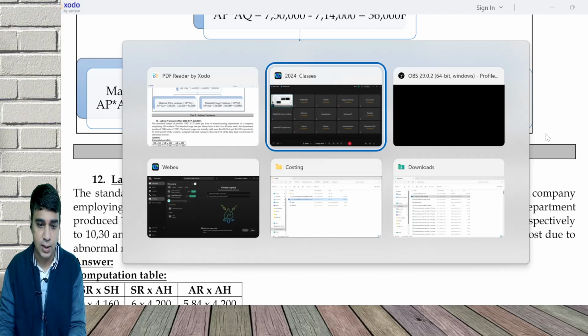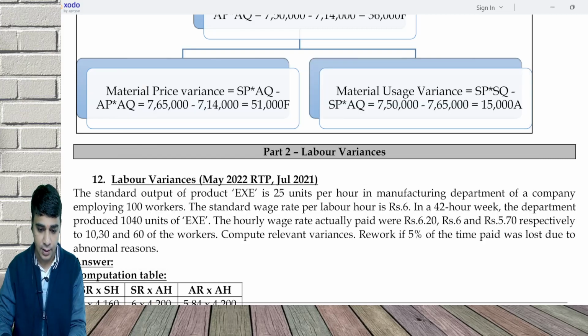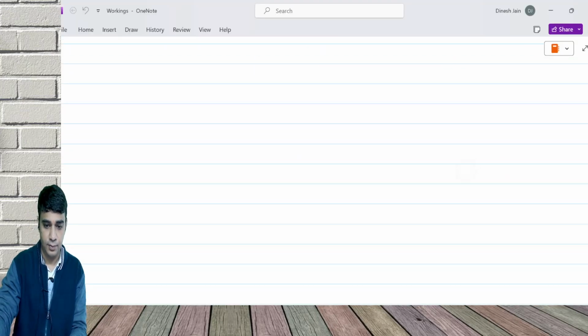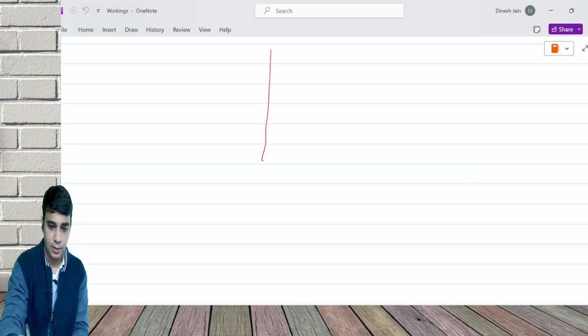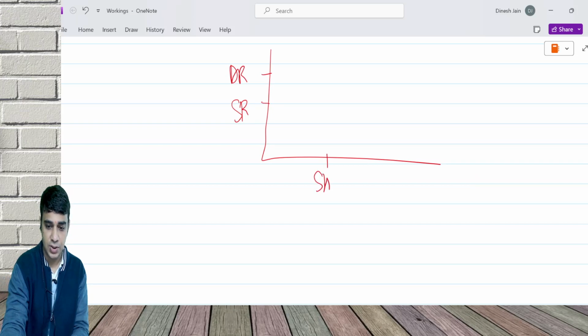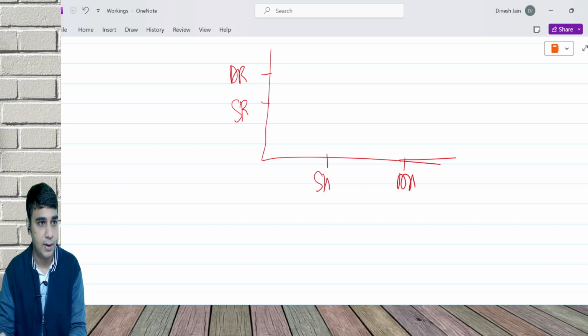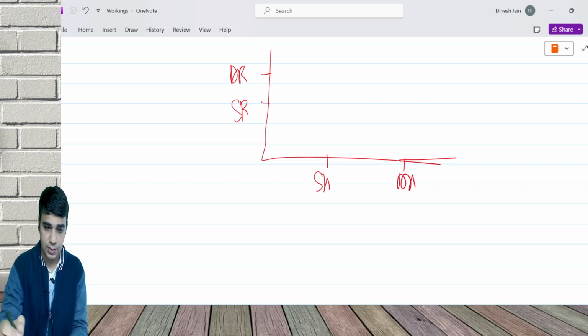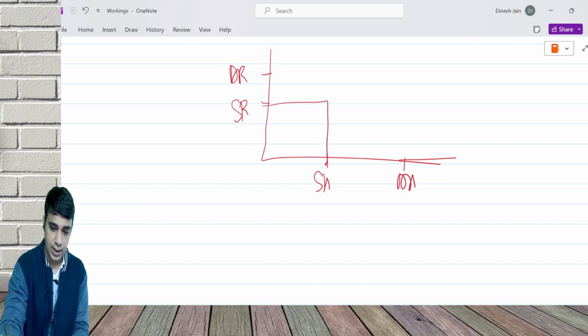Let's first put the chart. SR, AR, SH, AH, single labor without idle time. SR into SH, SR into AH, AR into AH.